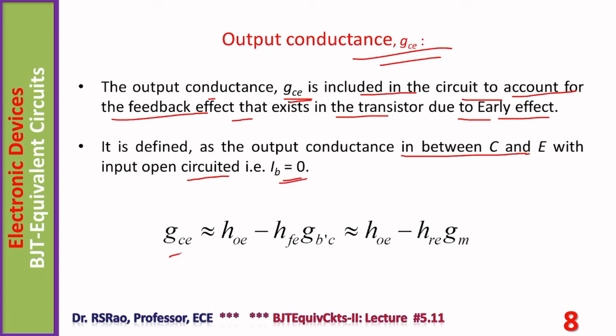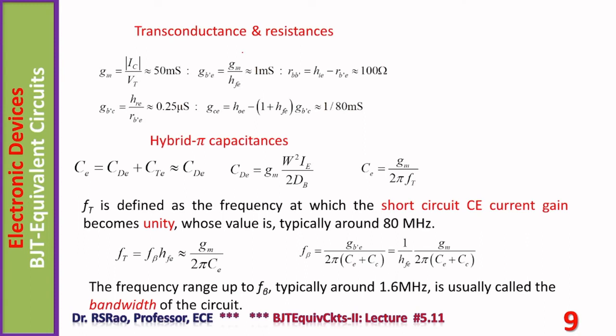So gCE can be shown equal to hOE minus hFE g_B'C, which is roughly equal to hOE minus hRE gm.